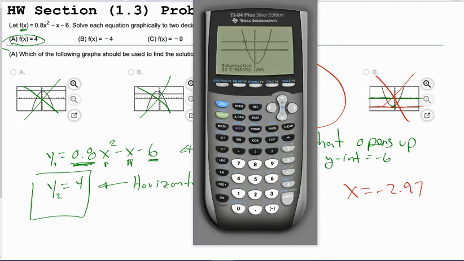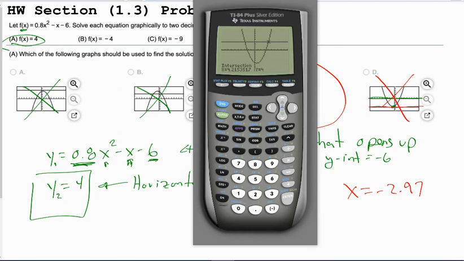And if I go back, I can do the second calc, and option 5 is intersect, but this time I'll move my cursor to the other side of the parabola where the line touches on the right side. I get my crosshair close to it, and I hit enter 3 times, and it tells me x is 4.215.